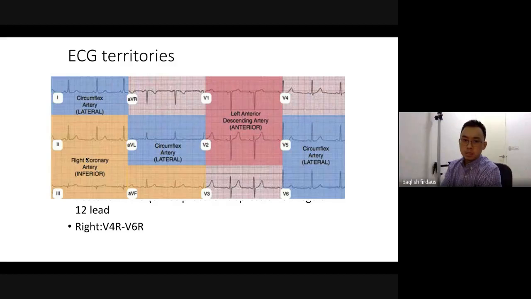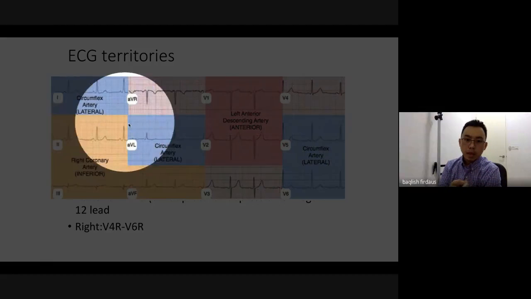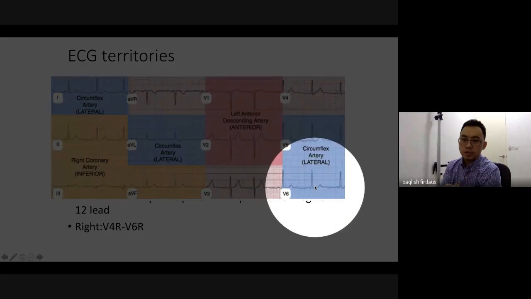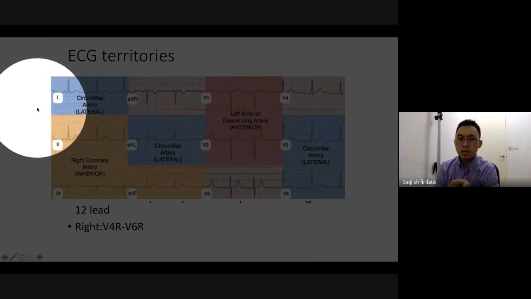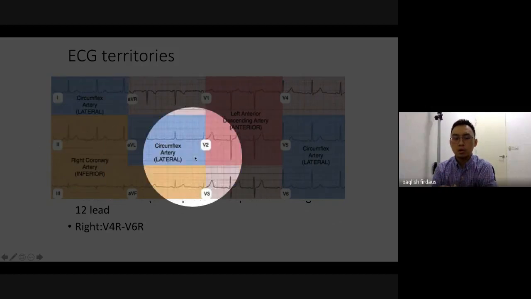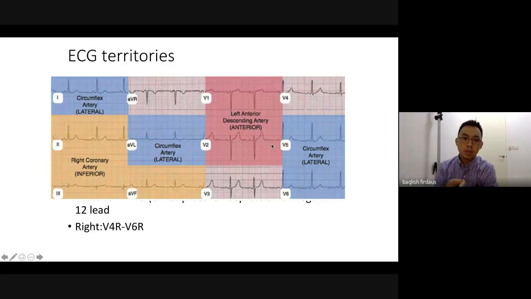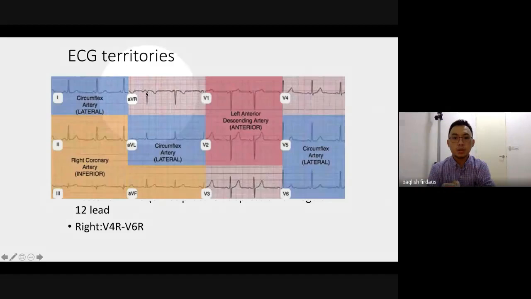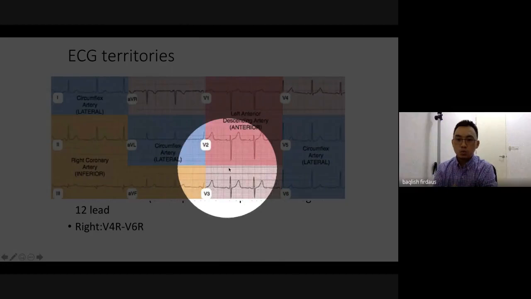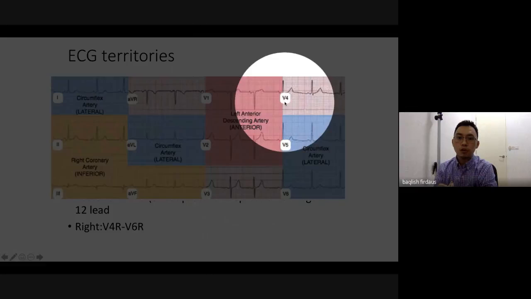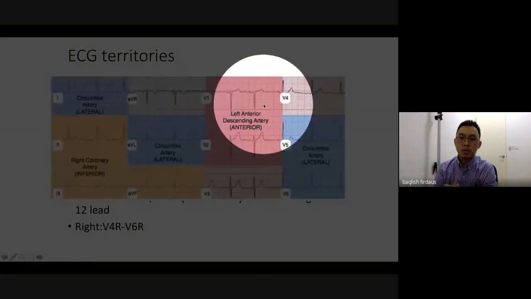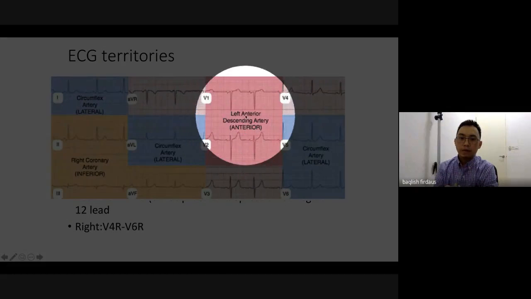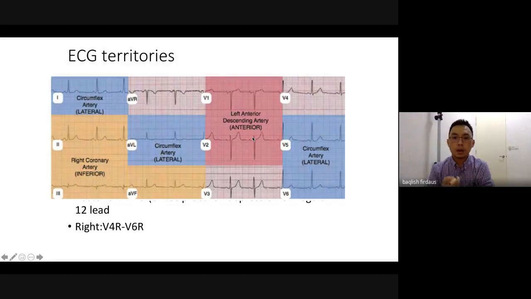After that, I look at leads 1, aVL, V5, and V6, which indicate the lateral wall of the myocardium, usually supplied by the circumflex artery. Then I look at V1, V2, V3, and V4, which are usually supplied by the left anterior descending artery of the anterior myocardial wall.